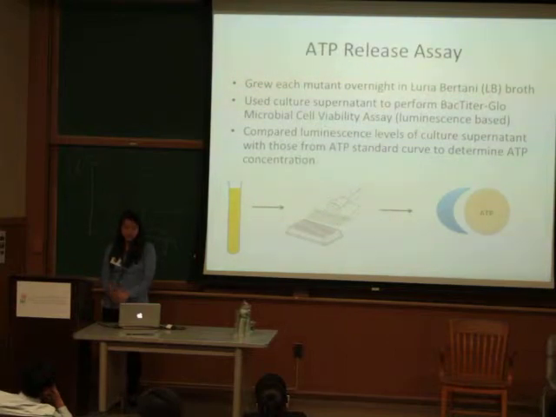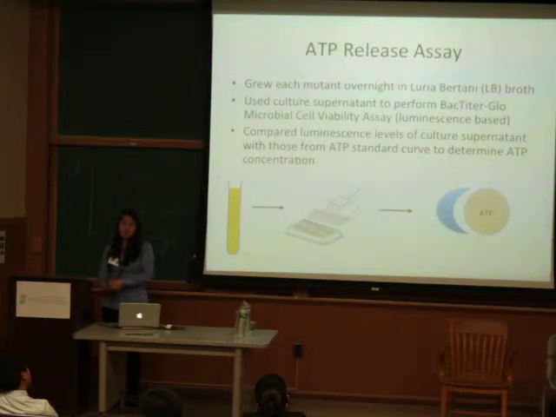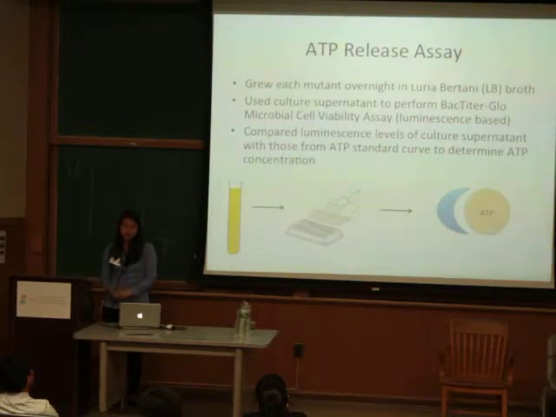Basically, at the time points that I mentioned, I would take the bacteria, spin it down, and get the supernatant. Then I would place it into the wells of a plate and add a reagent called BacTiter. What BacTiter does is it interacts with ATP, and when it does, it luminesces, and that can be picked up with a spectrophotometer.